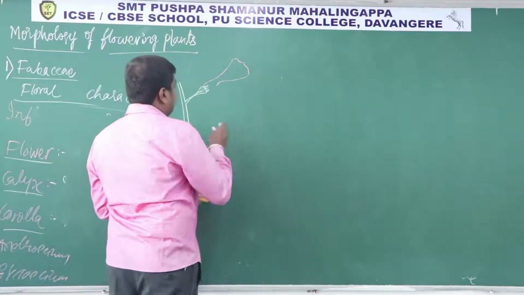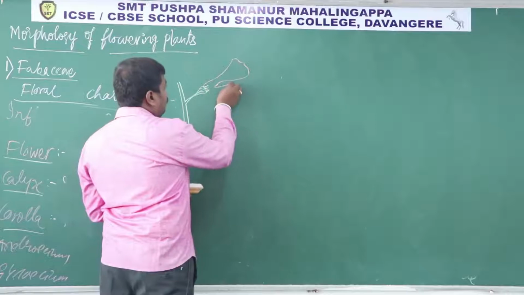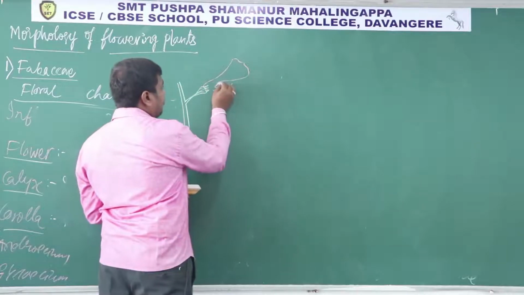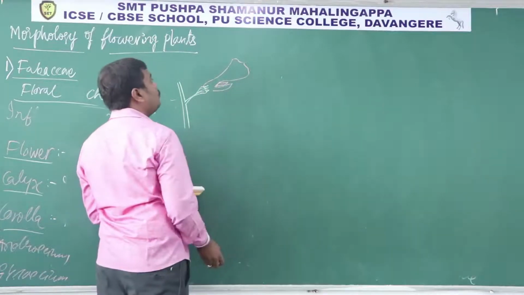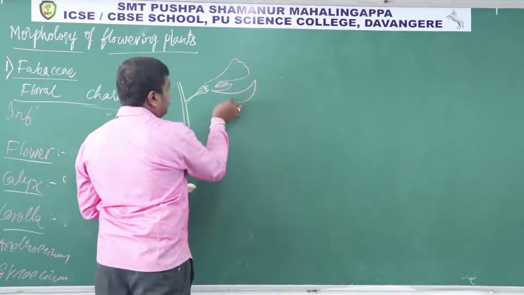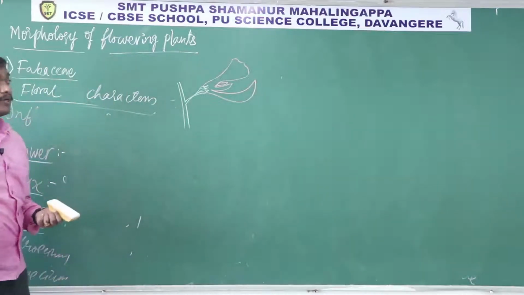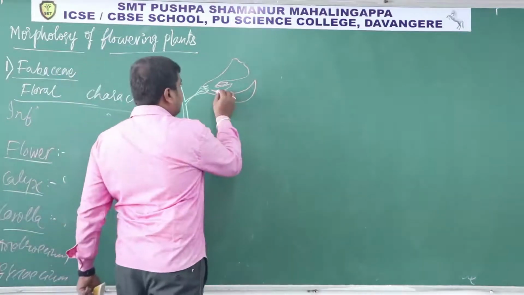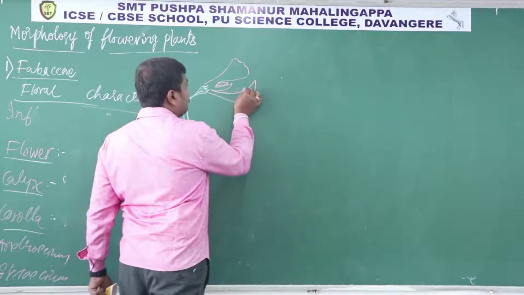And at the middle it has 2 wing petals, one on this side and another on the other side. So 2 wing petals, and the keel petal is present like this. This keel petal is formed due to the fusion of 2 petals.